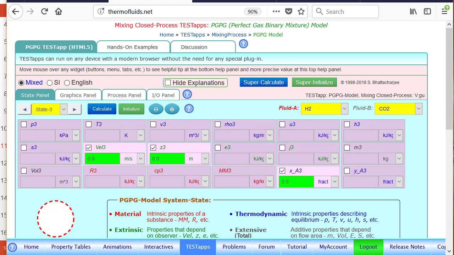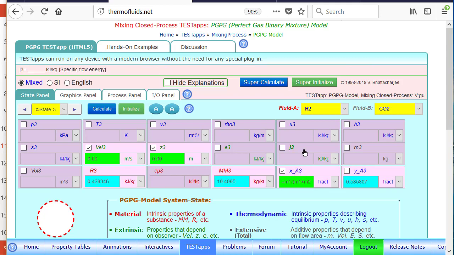For state 3, we have a mixture of hydrogen and CO2. To find the mass fraction, we recognize that the mass fraction is going to be equal to M1, the mass of hydrogen, divided by M1 plus M2, the total mass. So the mass fraction of hydrogen is going to be as shown over here.